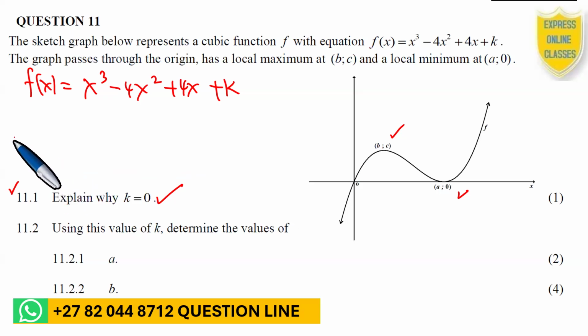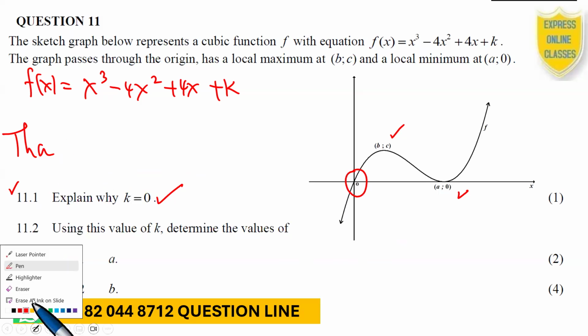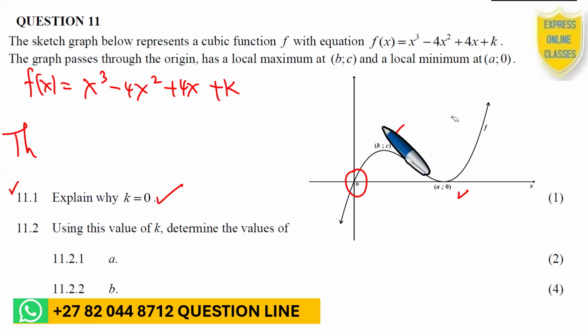Okay, because the graph passes through the origin. Right, the graph passes through the origin. That is why the constant term, for every graph that passes through the origin, the constant term is 0.